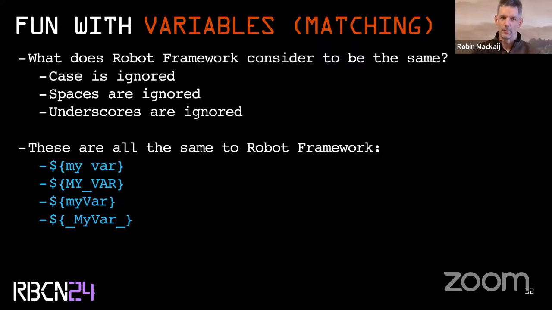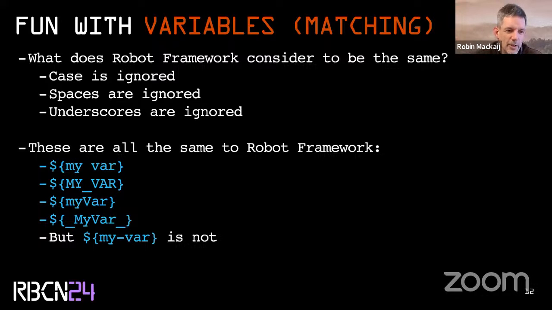You might say, well, when I use something locally or in a test case, I use lowercase and my global variables are uppercase. Well, for Robot Framework, it's the same.